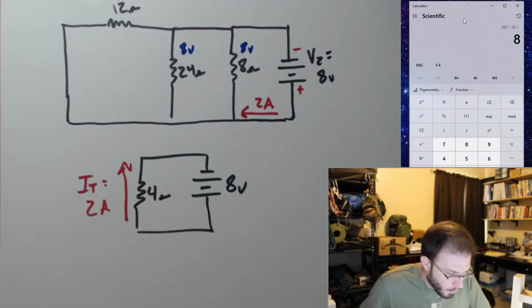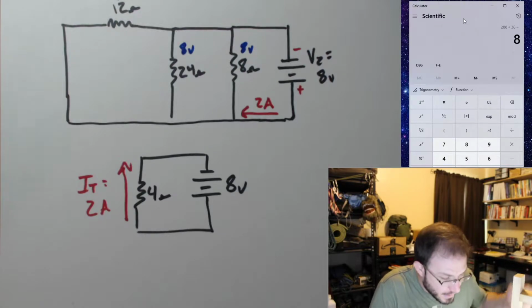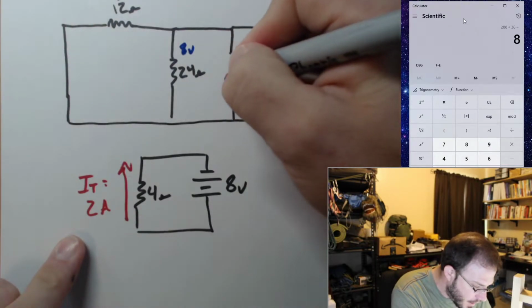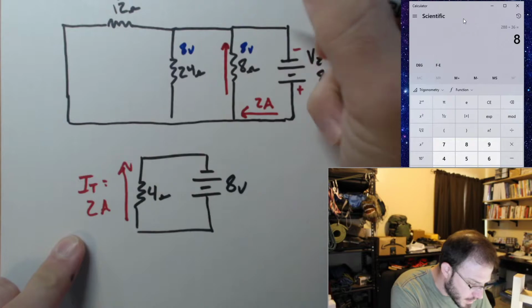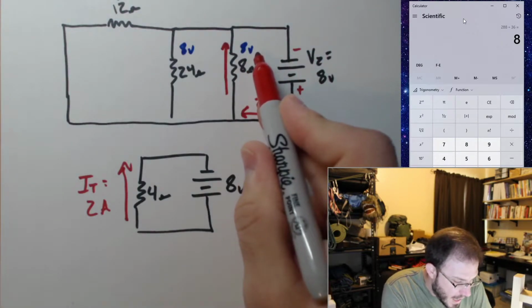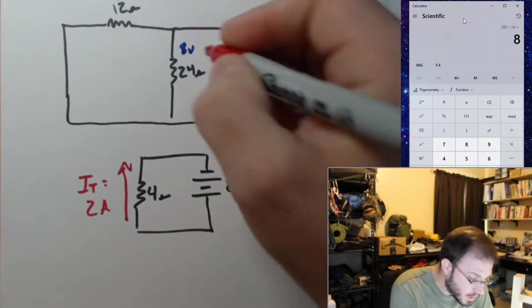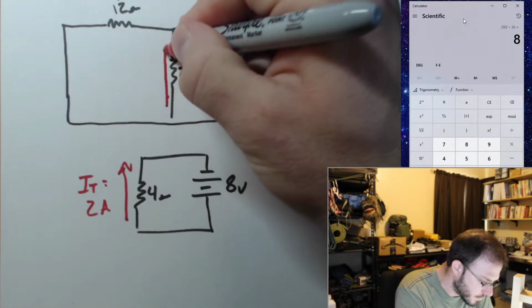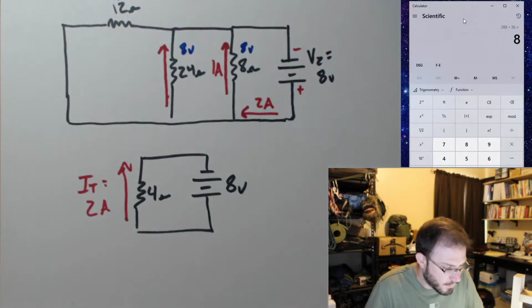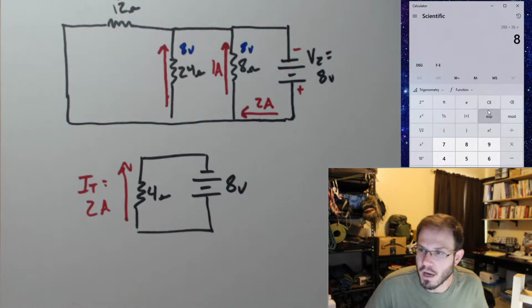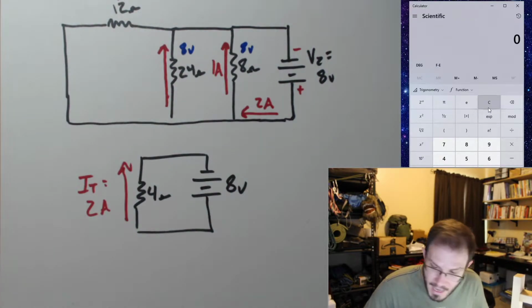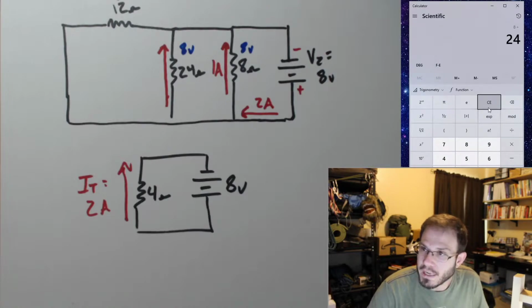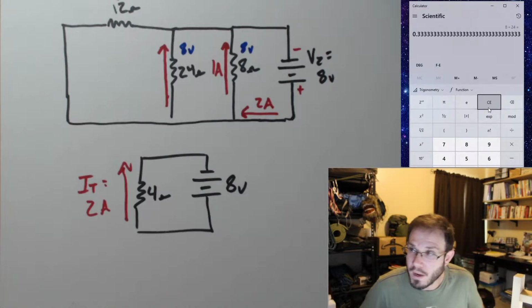Okay, so if I wanted to know the current through each one of these, I could have just done, well, 8 ohms with 8 volts across it should give us 1 amp. 24 ohms with 8 volts across it. So that's just going to be 8 divided by 24 gives us 0.33333 repeating.